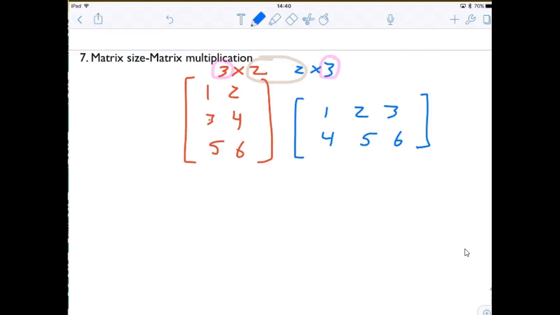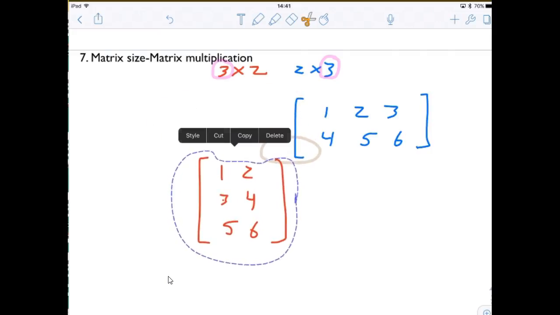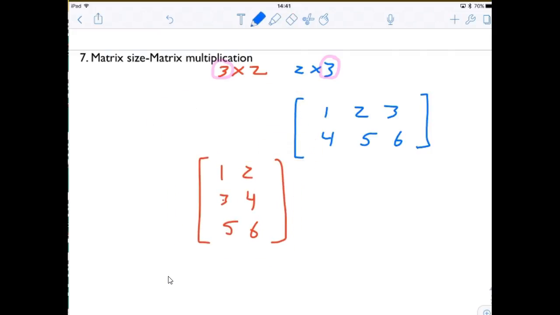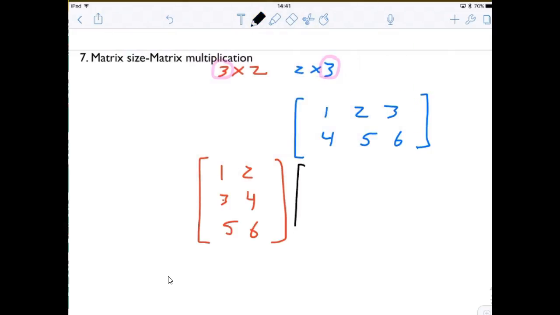So once you figure out that those two matrices can be multiplied together in the order that you put them, it helps to rearrange them in the following form. So we'll put this here, and then we're going to put the answer matrix here in between the two.